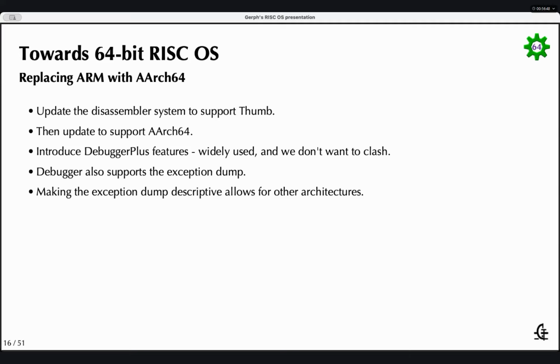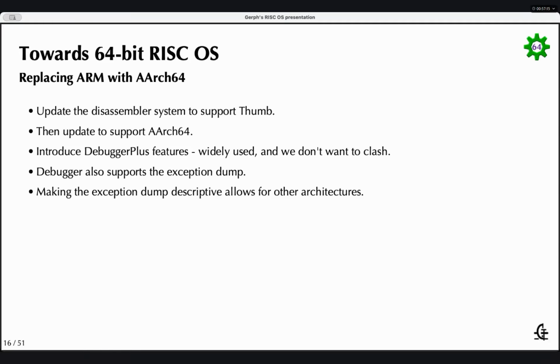One of the first bits that I started out by doing was to replace parts of the disassembler. Previously we could only disassemble ARM code, and when you're running on a different system, you want to have a disassembly that is for the processor you're using. And already we have debugger disassemble thumb as well, and I hadn't implemented that.